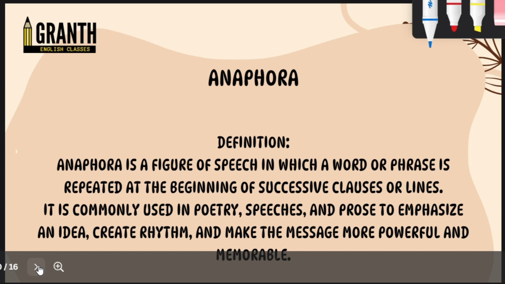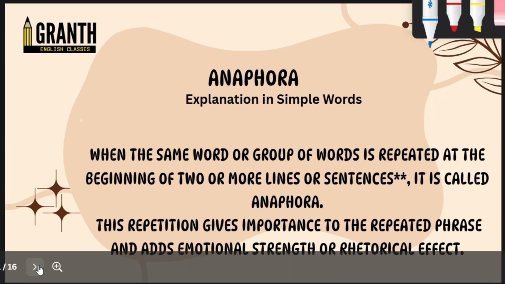Anaphora is a figure of speech in which a word or phrase is repeated at the beginning of successive clauses or lines. It is commonly used in poetry, speeches, and prose to emphasize an idea, create rhythm, and make the message more powerful and memorable. It's not that very difficult.